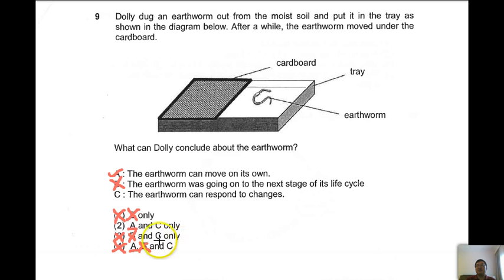It left me with A and C. Why? Because I'm very, very sure that B is not the answer. C is obviously true. The earthworm can respond to changes, right? So it is A and C. The answer is 2. Now this is how you handle multiple choice questions this way.